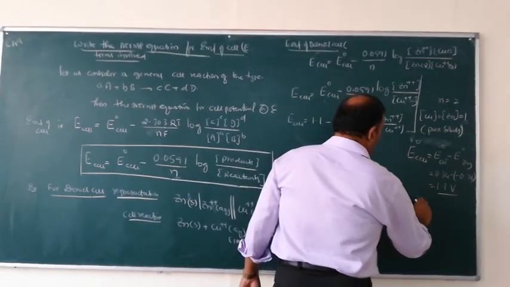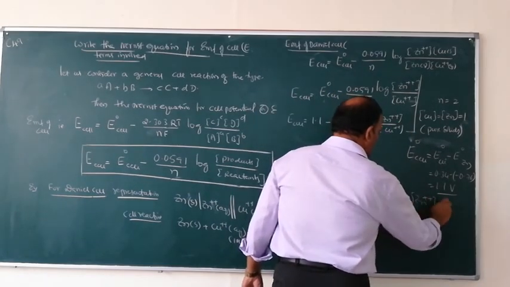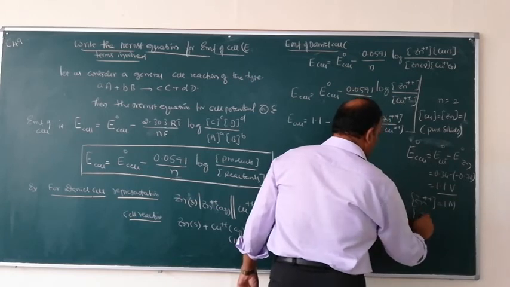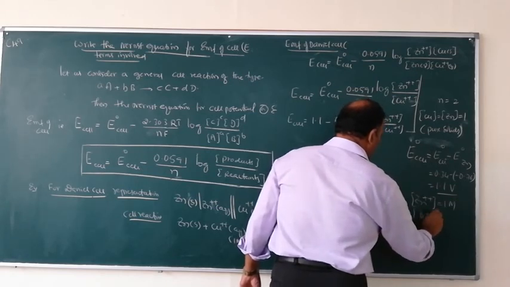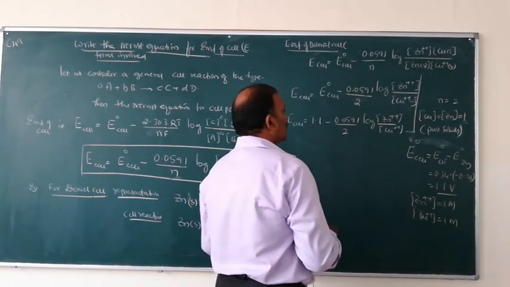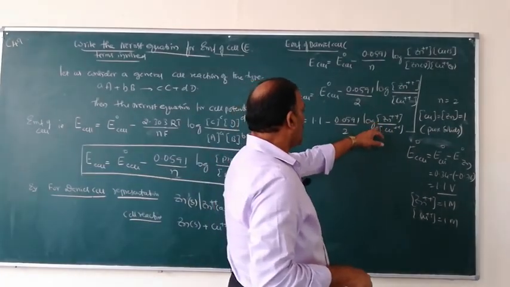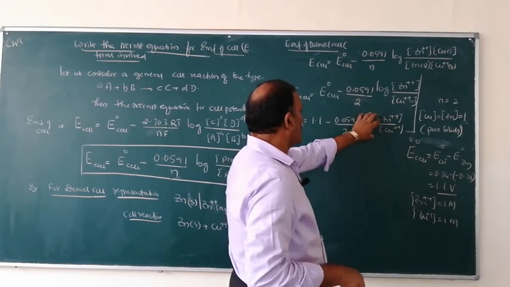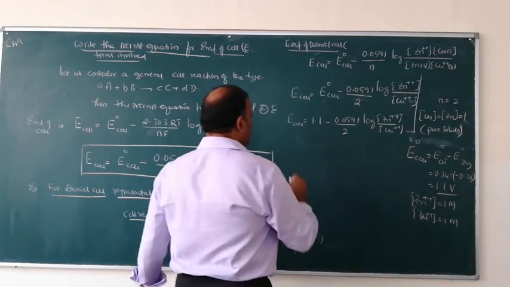So if concentration of Zn2+ is equal to 1 molar, concentration of Cu2+ is equal to 1 molar, then it becomes log 1. Log 1 is equal to 0. Anything multiplied by 0 is equal to 0.